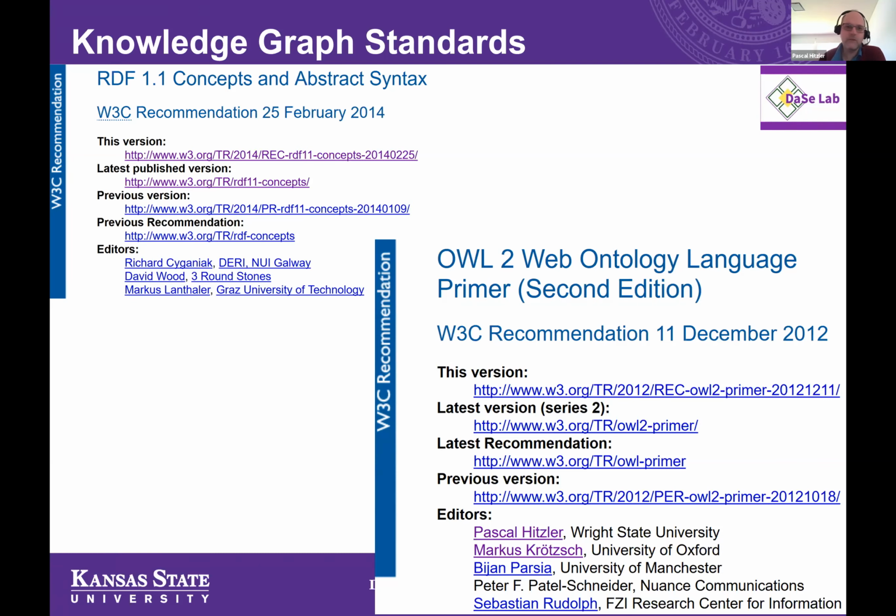And to just give two pointers, there are standards by the World Wide Web Consortium, which were recommended, which were actually, these are the second editions here, which you see 2014, 2012. First editions were 2004. The first one, RDF, actually also had a version 1999. And of course, there was stuff they were building on. So this is not new.